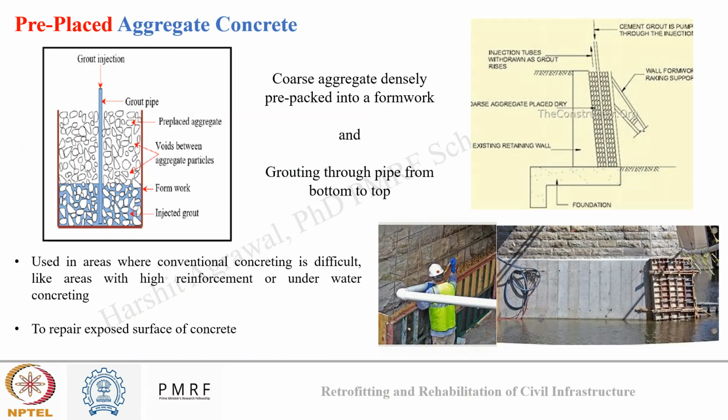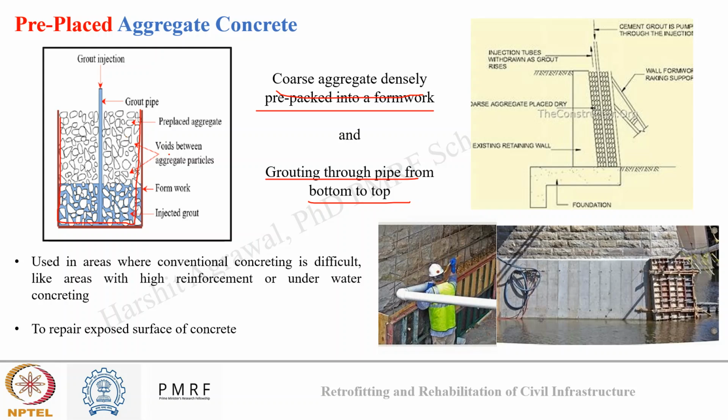Okay. The second method is pre-placed aggregate concrete. In this, coarse aggregate is densely packed into a formwork, and then grouting is done through a pipe from bottom to top. So, you can see there is an affected area. That affected area was surrounded by a formwork. Then coarse aggregates of various sizes were placed inside the formwork, and they were densely packed.